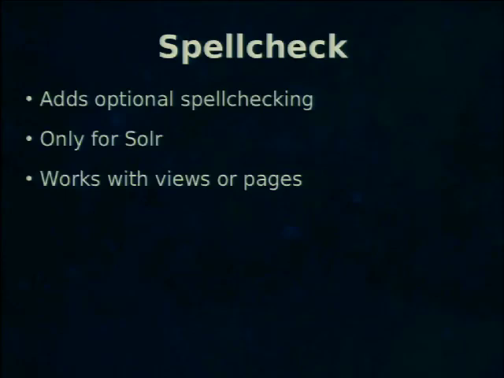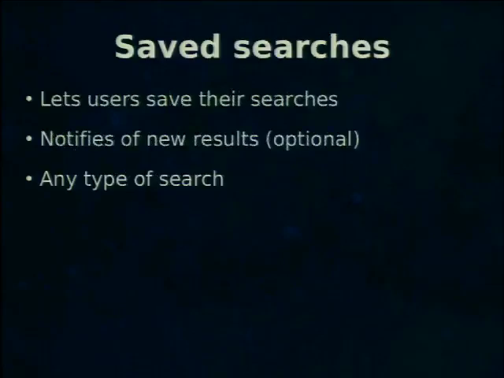When you mistype some word, it will automatically suggest what word is likely that you've meant, which appears more often in your content. It only works with Solr because Solr has this functionality already built in. But it also works with both views or pages, and of course, it's also a nice feature.